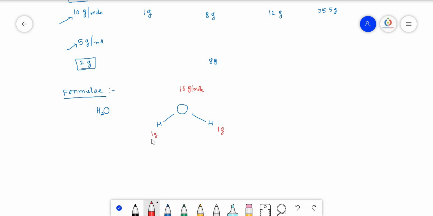Now, towards this hydrogen, out of this 16 grams, how much mass of oxygen is contributed? You have to make it half. So out of 16 grams, only 8 grams of oxygen combined with this hydrogen and the remaining 8 grams of oxygen is combined with the one more hydrogen.